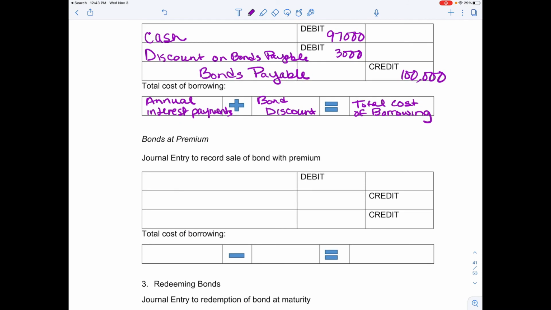So what happens if we sell at a premium? We're getting cash. We're still recording that bonds payable. But here we're going to record the premium on bonds payable.